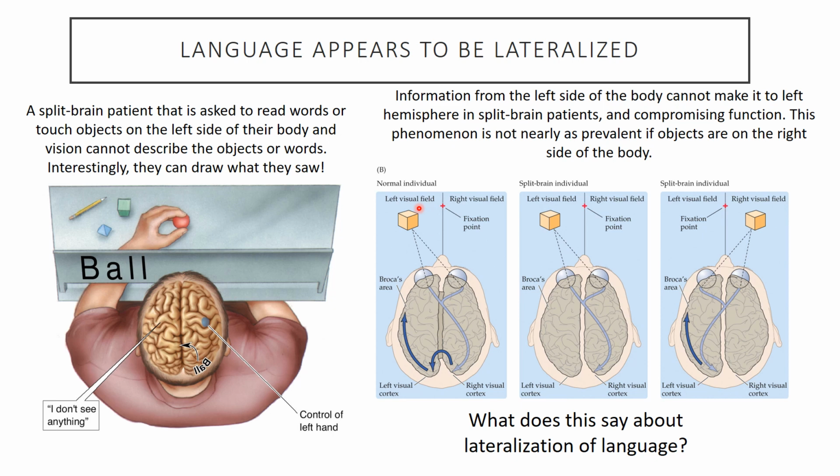But it's within the visual field, so they should be able to see it. This information from the nasal portion of the left eye and the temporal portion of the right eye all ends up on the right-hand side of the brain. And then what would normally happen is that this information would make its way through the corpus callosum to the other side of the brain, and then eventually make its way to some of these critical language centers, such as Broca's area.